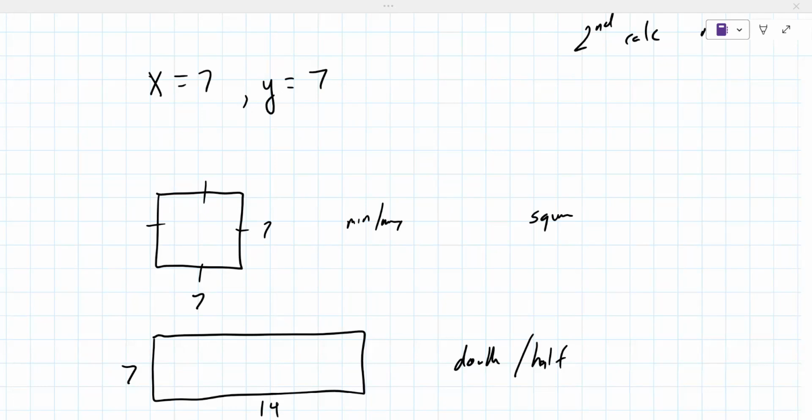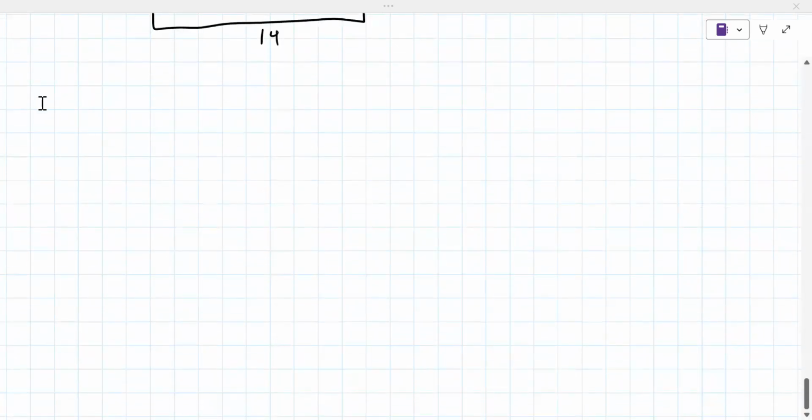Where do you want us to go from here? Hold on, let me look at the homework questions. Okay. Because you're going to have multiple choice, you would actually do this one differently with multiple choice.